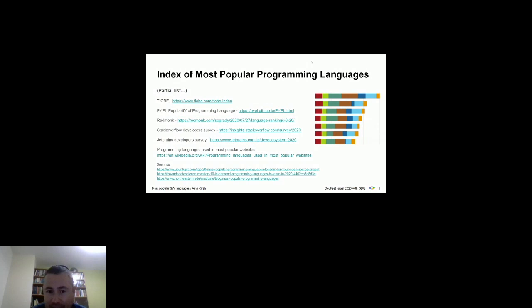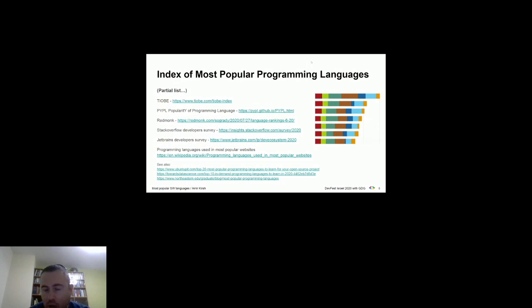C++ and C, which are listed together in this index, are still alive and kicking. And the table goes on to Kotlin and Go, and Rust is there, and we'll discuss those as well.